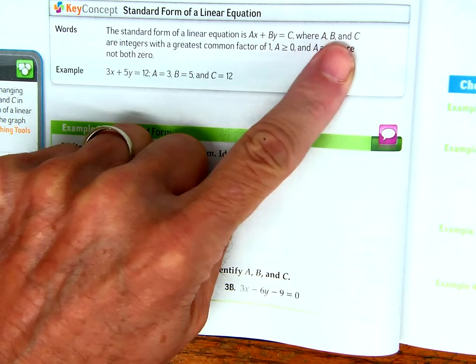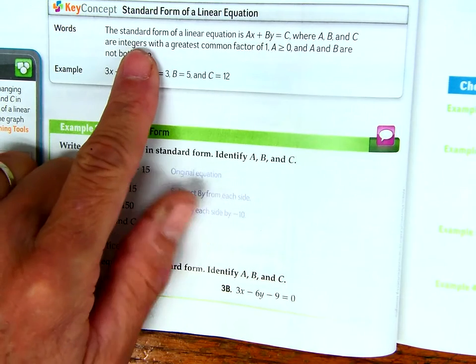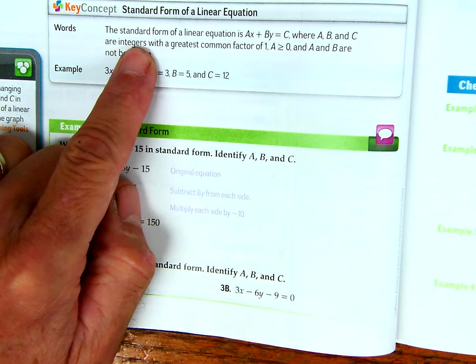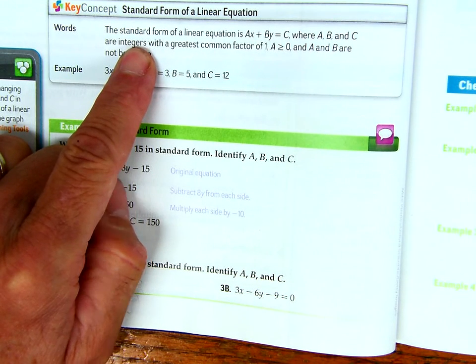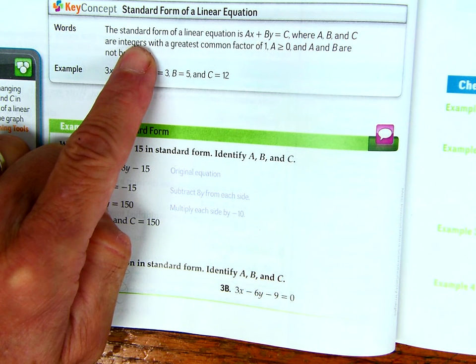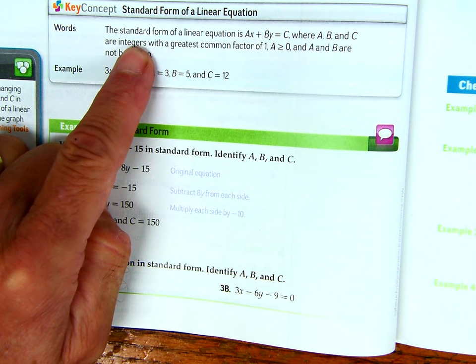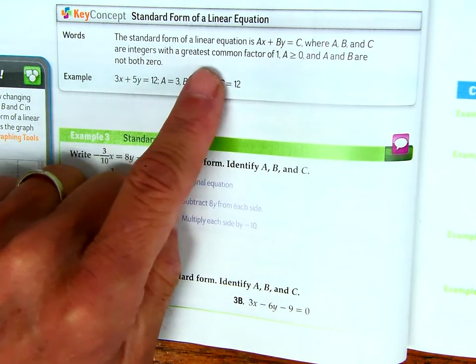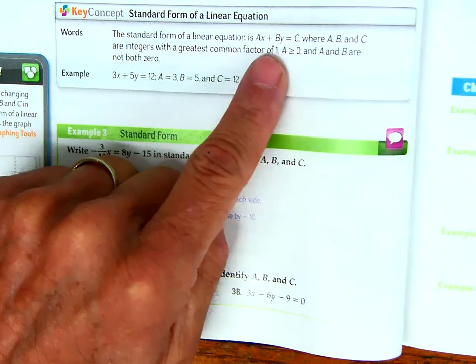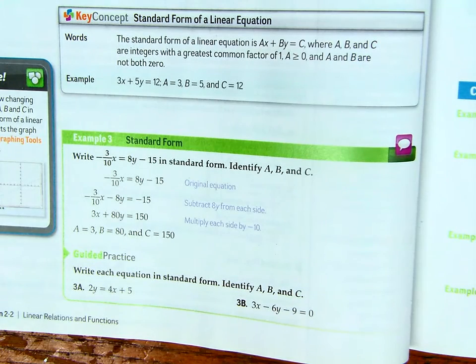Where A, B, and C are integers. Not fractions, integers. Not decimals, integers. With the greatest common factor of 1. That means you can't divide a number out of all 3. It's completely reduced. And A and B are not both 0.